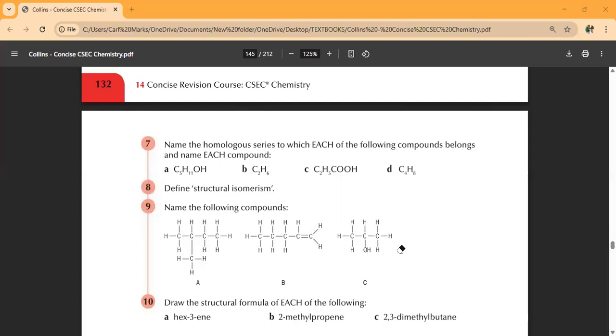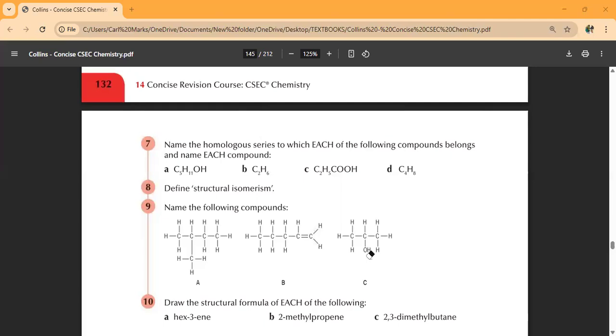2 propanol. So you identified where the functional group is. That's correct. The 2 tells you where the functional group is, on the second carbon.